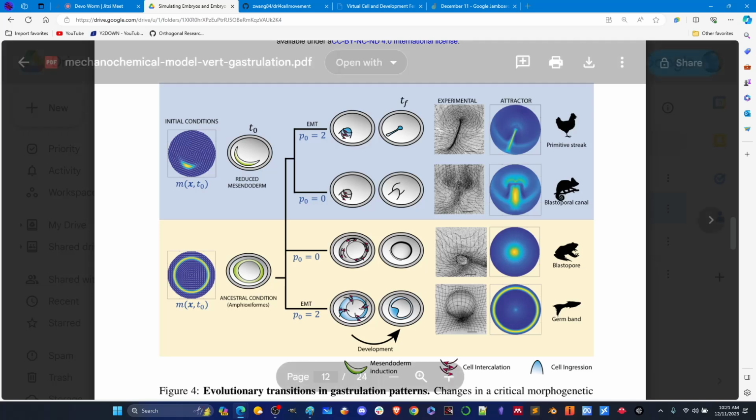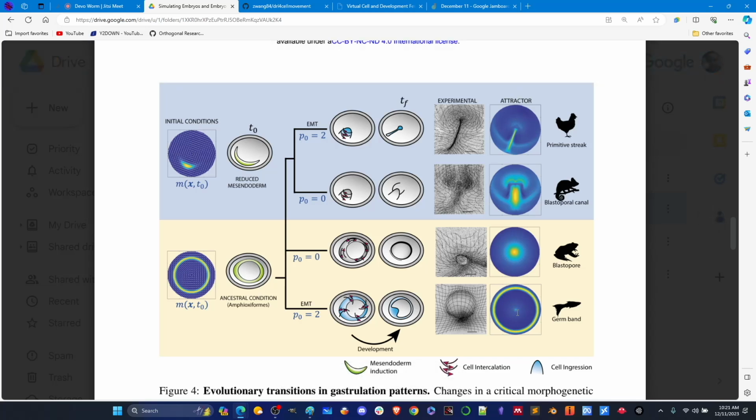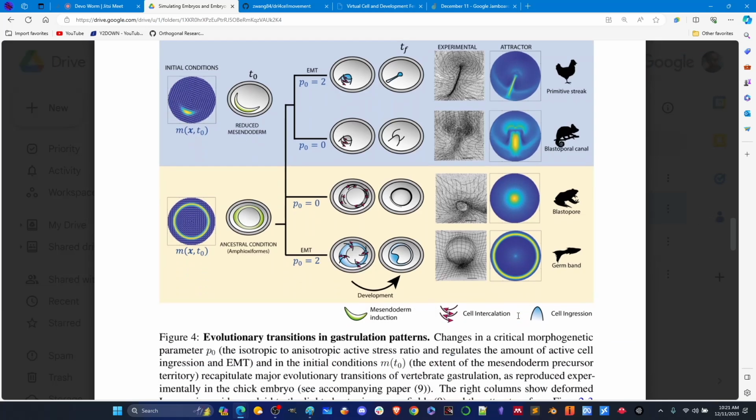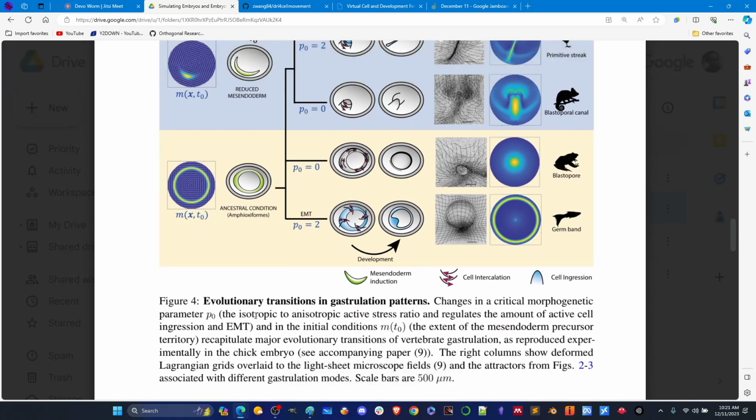And then they're looking at the experimental forces, and at this computational model as an attractor. So they're looking at changes in the critical morphogenetic parameter P0. This is the isotropic to anisotropic active stress ratio, and it regulates the amount of active cell ingression in EMT.